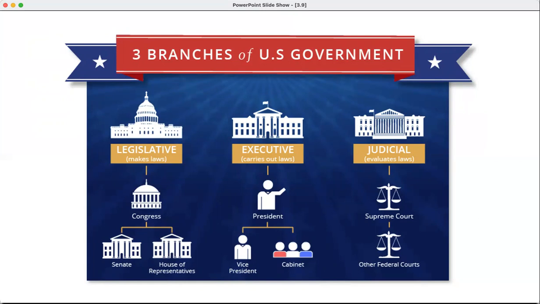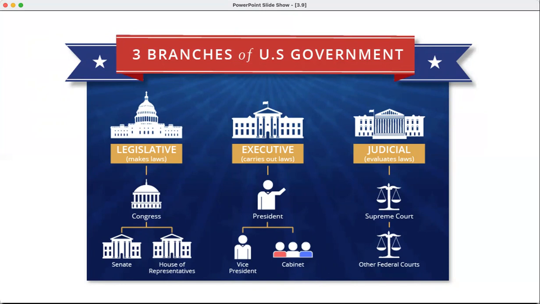So many average Americans do not have a working understanding of how our government works, what the Constitution outlines. And so when the government does something that they don't like, they think, well, that's unconstitutional, when perhaps it is not.